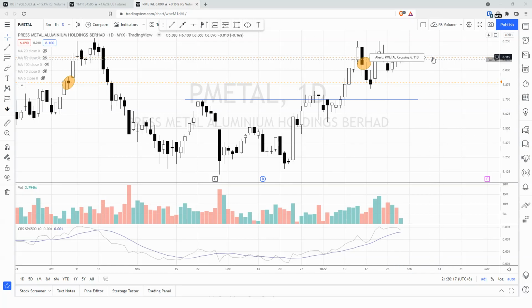If it can break above 611, likely it will just move out and test the swing high, and hopefully it will just break out. So I really like the last few bars action. So some supply absorption process. So that's PMETAL.